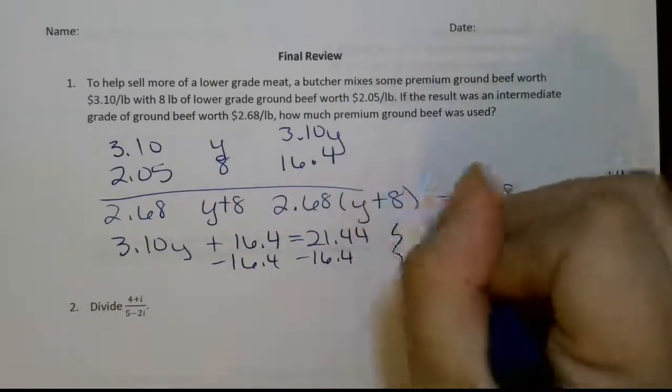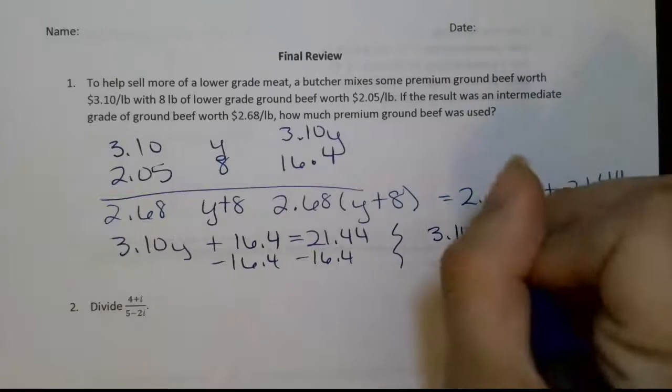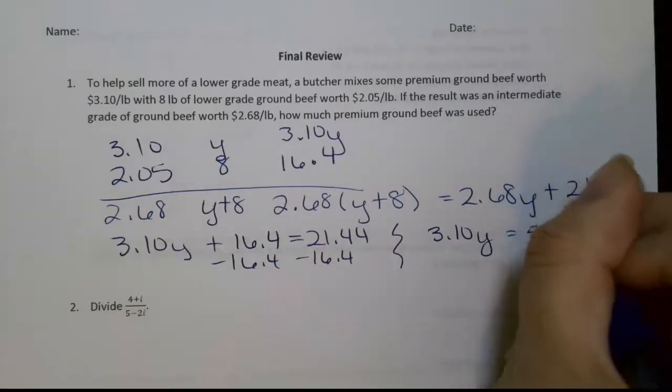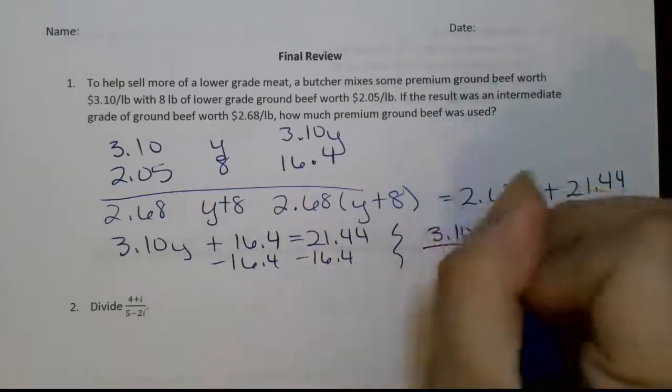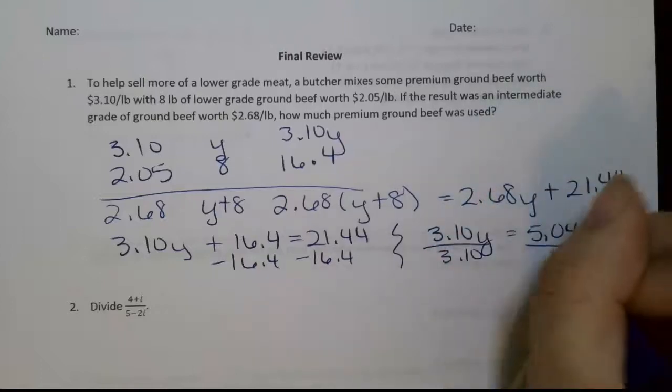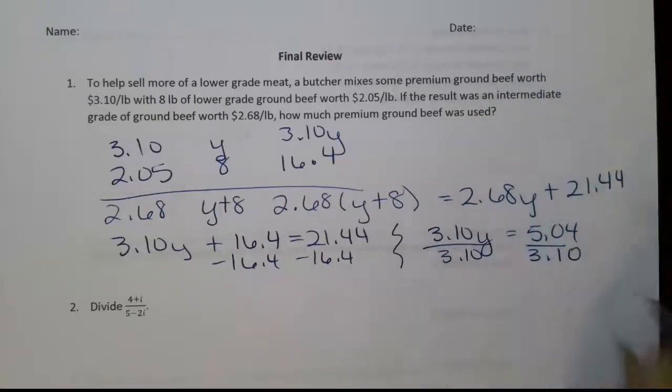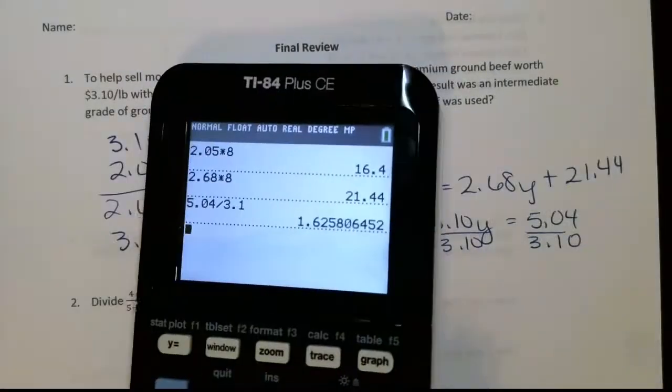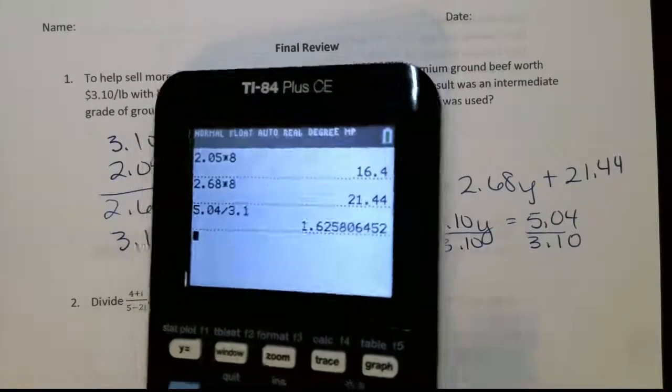I get 3.10y equals 5.04. Then I divide both sides by 3.10, and I have 5.04 divided by 3.1, which gives me this, which I'm going to round to just 1.6.